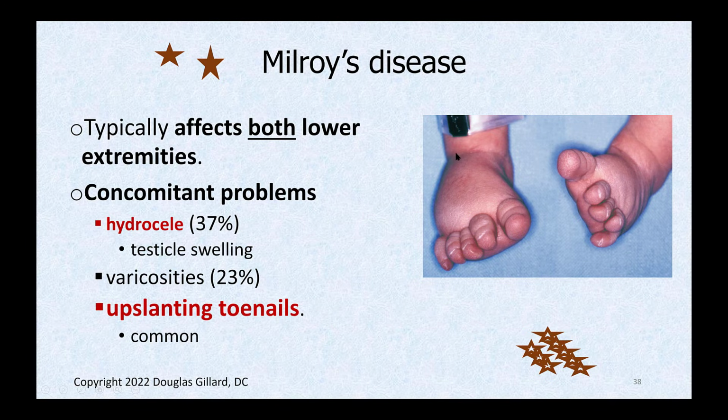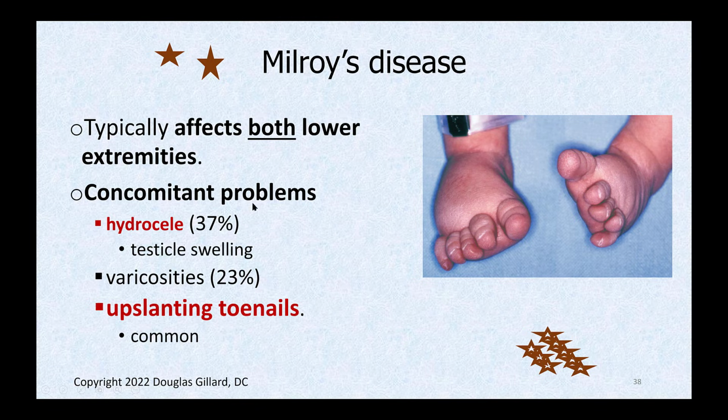So here's a baby who was born with Milroy's disease, and his whole body's like this. You can see his feet are all puffy, his toes are all puffy, and there's no fix for this. He just has to live with this and wear compression stockings. They're trying to work on rerouting things, but this is just a bummer to be born with.